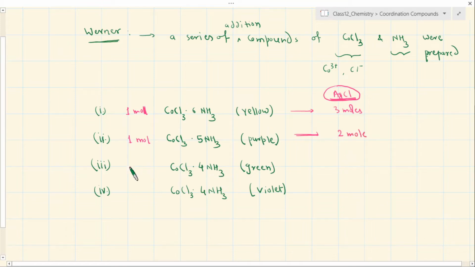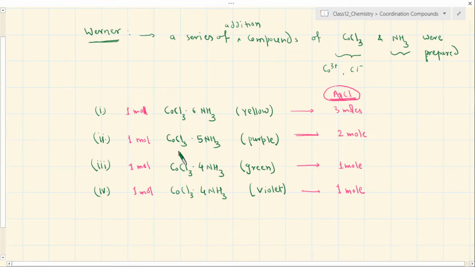If you treat 1 mole equivalent solution of cobalt chloride ammonia, let's say you do not even know right now this, and you only know the substance which has a unique color, that's all, you get 1 mole of chloride. Here also 1 mole of cobalt chloride 4 ammonia gives 1 mole of silver chloride precipitate. So please try to understand.